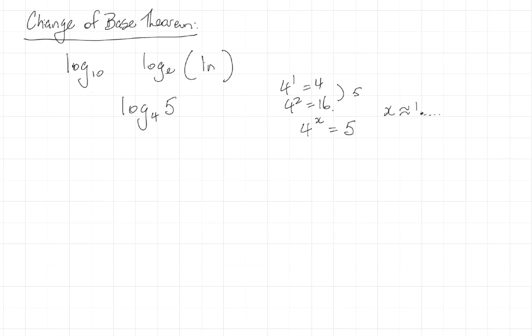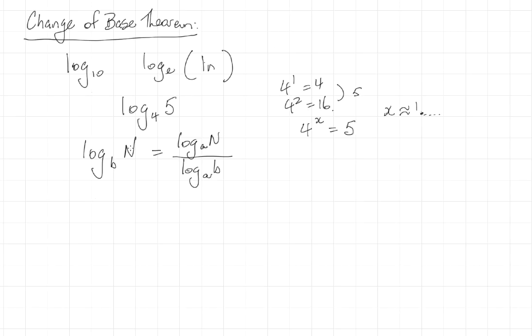We use what's called the change of base theorem, and it's fairly straightforward. If you want the log of n to base b, it will be equal to log of n to base a over log of b to base a. All right, bit of mumbo jumbo, but let's have a look at what the pattern says.